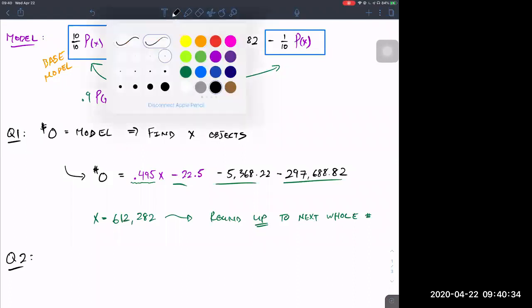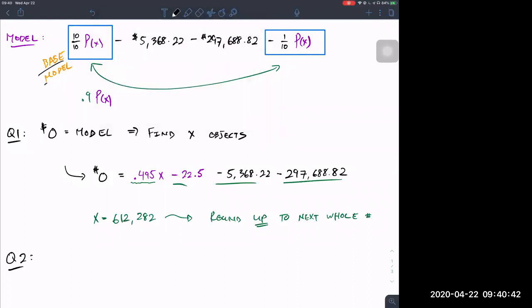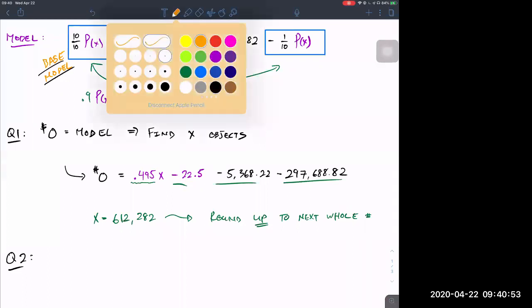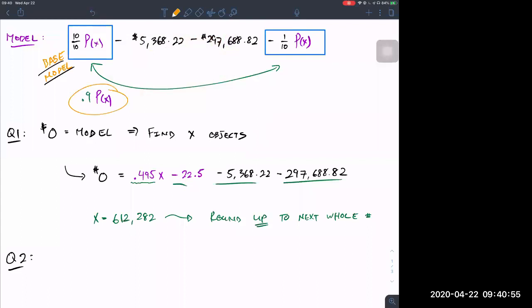Now remember, your profit is your only channel of getting money in, right? So that means if you're looking at the base model that I wrote up here for you, and whether you use the P of X minus 0.1 P of X, or you combine them together to get the 0.9, it doesn't matter, both are correct. It's just, again, your preferred method.